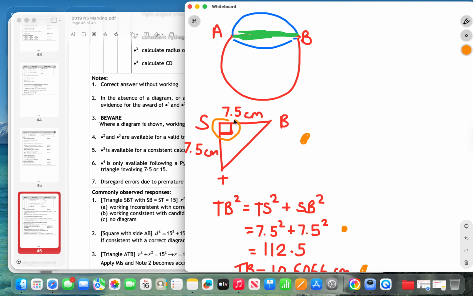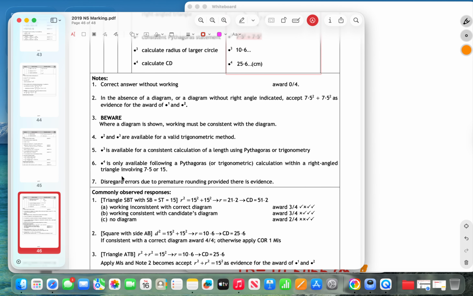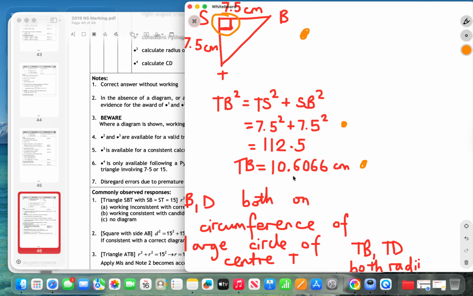And another common mistake, as I said, was you would lose the mark if you didn't show that this was right angled. And in this case, they've said to disregard errors with rounding early, known as premature rounding.